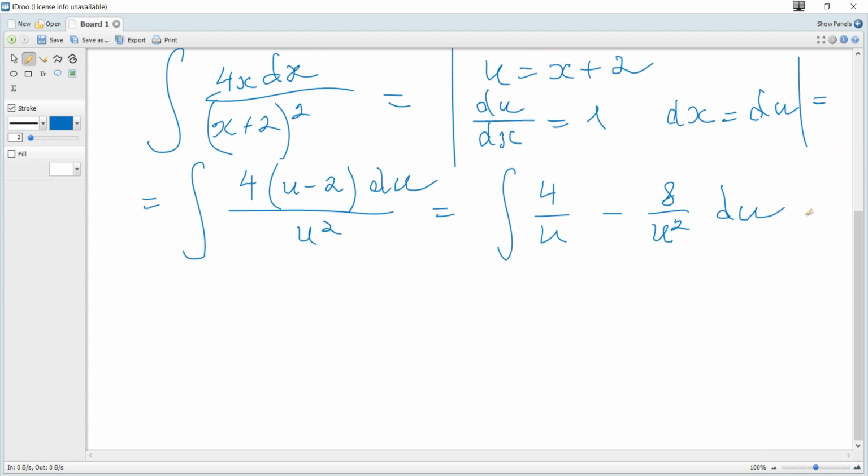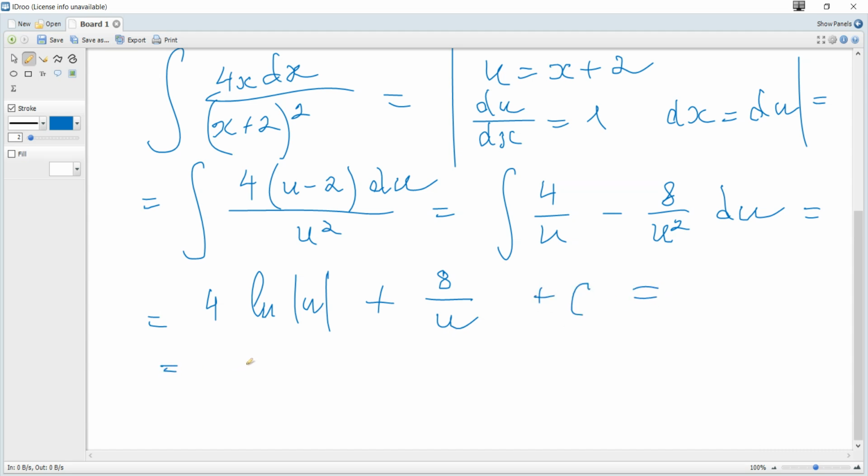And we can see that we can integrate it easily now, and it becomes what? 4/u du is 4 ln of the absolute value of u, minus the integral of 8/u², which is u to the negative 2, and applying the power rule, x^(n+1)/(n+1), so it's u^(-2+1) over negative 1, so it's minus u^(-1), and together with this minus it's plus 8 over u, and plus some constant.